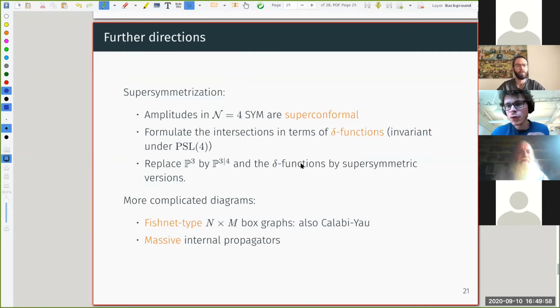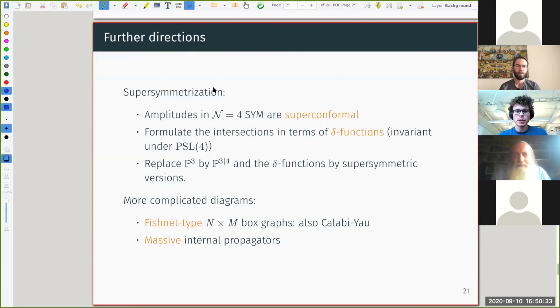Now some further things that can be done here. First of all, one can supersymmetrize this construction. Christian here suggested that one can supersymmetrize this whole construction. Basically the idea is that when you look at amplitudes in N=4 super Yang-Mills, they're not only conformal, they're actually superconformal. So if we analyze this leading singularity, maybe this can even be respected there.